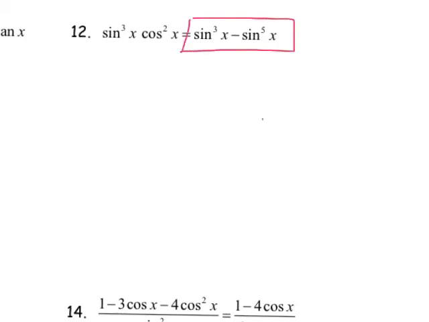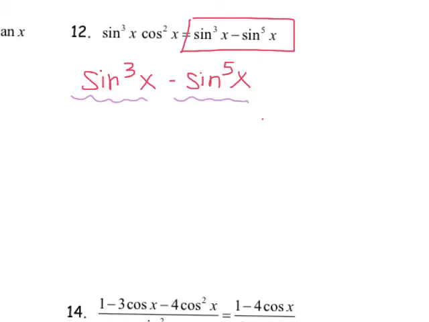I chose this side because usually pluses and minuses are harder. Plus, it's got a minus sign, or it's got a raised to the 5th power, so I figure why not. Sine cubed minus sine to the 5th. All right, so let's look at this.